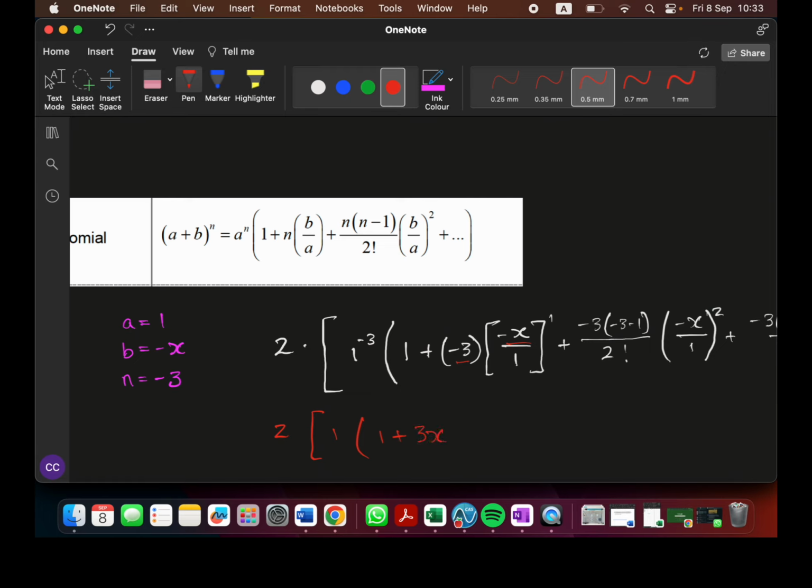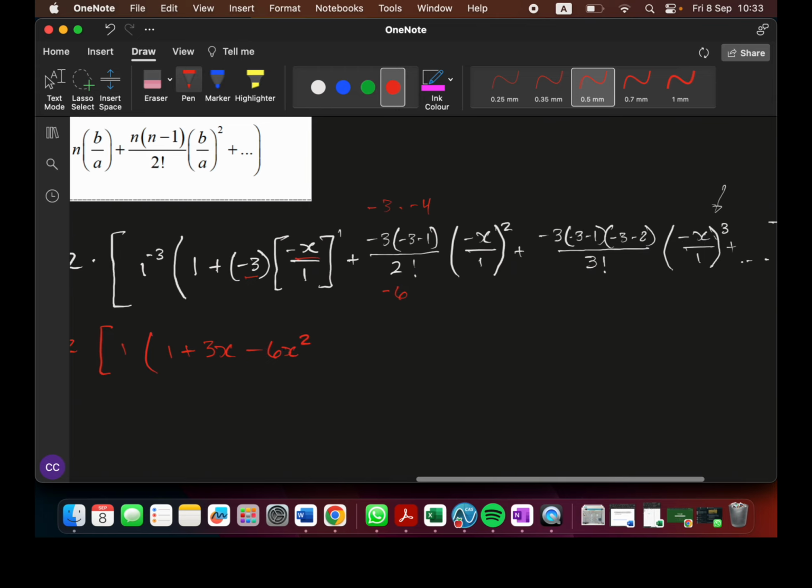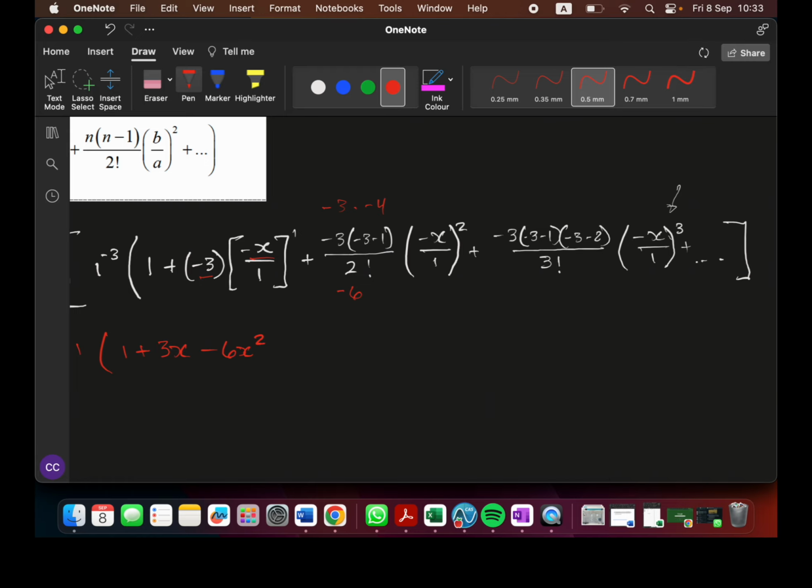And then simplifying this a little bit, this would be negative 3 times negative 4, and it's going to be divided by 2, so that'd be negative 6. And then negative 6 times x squared, so minus 6x squared. And then this last one would be negative 3 times negative 4 times negative 5.